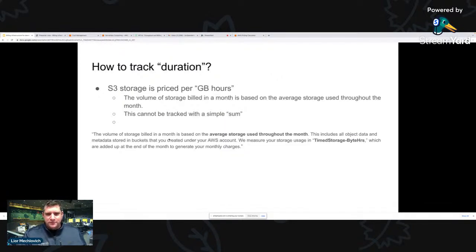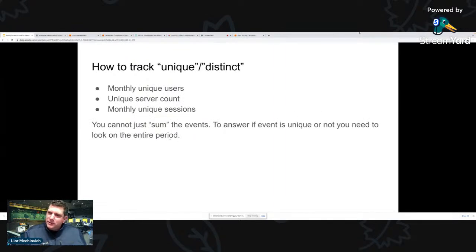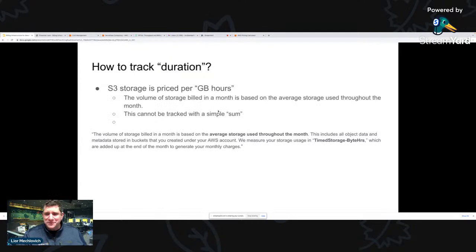Yeah. And just going into some more hard cases. We just talked about a very simple sum, where you can sum the meters. There are actually much harder use cases. How do you look at storage, which is gigabytes per hour, kind of the average? And how do you do unique? I don't want to get too much into it, it's a more interesting problem, but just maybe 1 minute here.